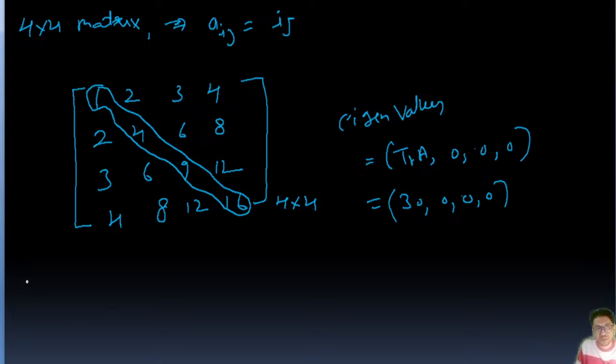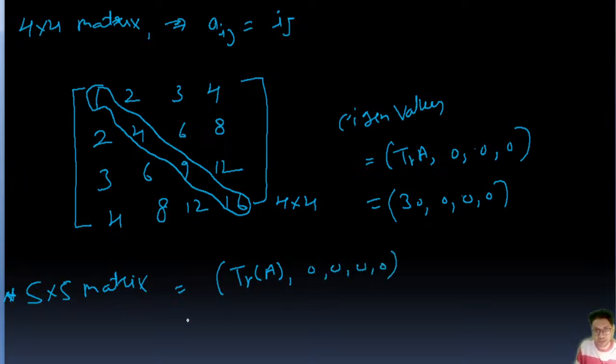Similarly, if we take a 5 cross 5 matrix, the eigenvalues are trace A comma 0 comma 0 comma 0 comma 0, with 0 four times. The trace is 1 plus 4 plus 9 plus 16 plus 25, which is 55. So the eigenvalues are 55, 0, 0, 0, 0.